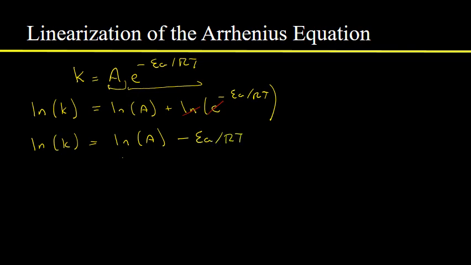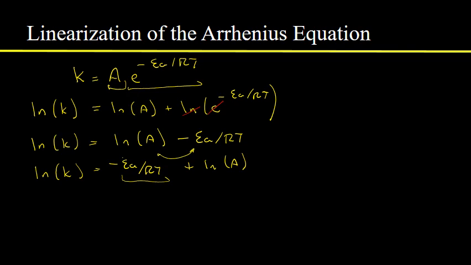So we get natural log of A minus Ea over RT, and I'm going to do two things here. First, I'm going to switch the order here. Okay. And then I'm going to do something that looks kind of weird with this fraction here.